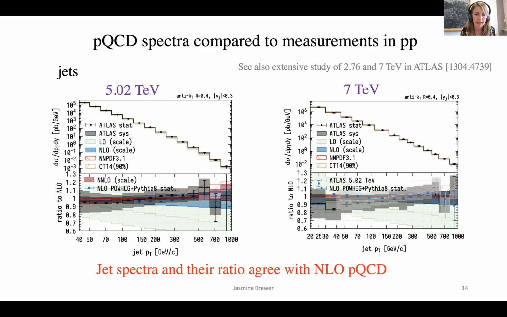This is the case at 5 TeV, and we have a similar story at 7 TeV: unlike the hadron spectra, at least within the uncertainties on the data, both the absolute spectra for jets and also their ratio are well described by next-to-leading order pQCD.